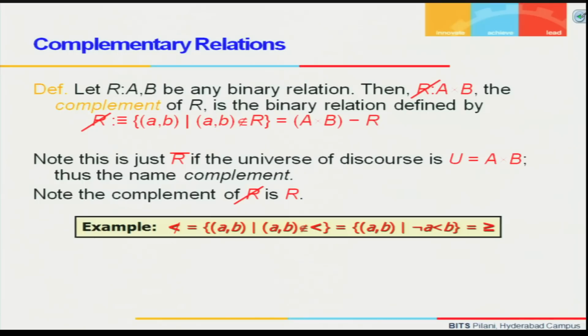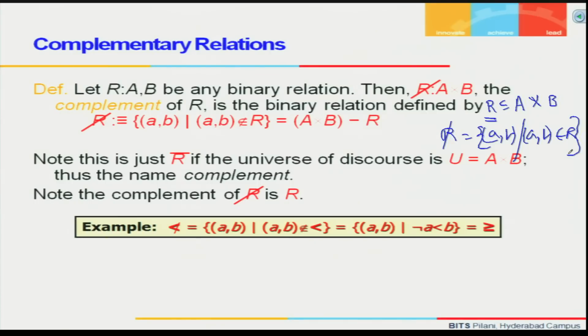Suppose I have two sets A and B, and I have defined a relation called R on A and B. Then the complement of the relation is all the tuples that are not there in R. It is represented by R with a straight line over it, and it contains all the tuples that are not in R but are in A cross B. You can define it as A cross B such that (A, B) is not in the relation R. That is how you define it.